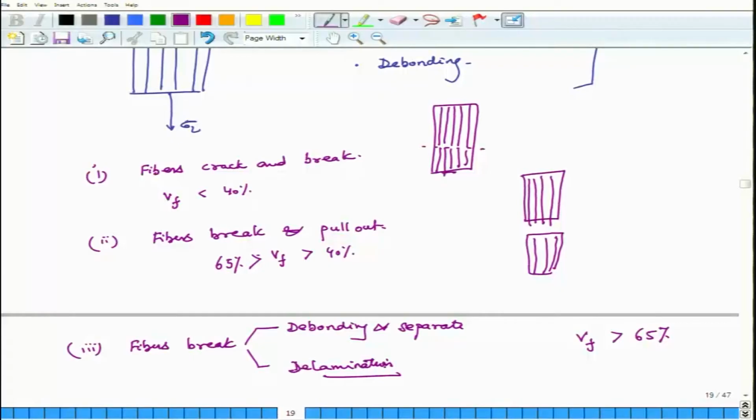So, there may be a lot of dry patches where the bond between fiber and matrix is not that great, and once the fiber breaks, not only does it break, it also gets totally separated from the matrix material, or the entire layer gets separated from the matrix material. So, this is the three. So, these are three modes of failure when you subject a unidirectional composite to tension in the longitudinal direction.